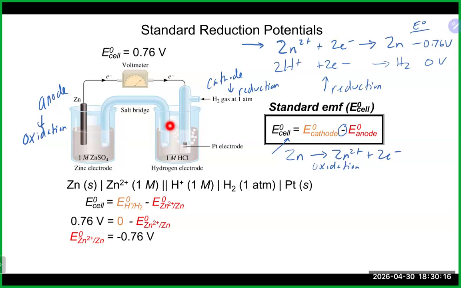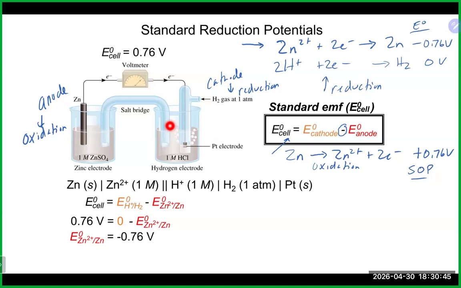Now, when you reverse one of these reactions, what happens to the SRP value that you find in the table is the sign changes. So instead of it being minus 0.76 for the oxidation reaction, this would actually be positive 0.76 volts, sometimes referred to as the standard oxidation potential rather than standard reduction potential.